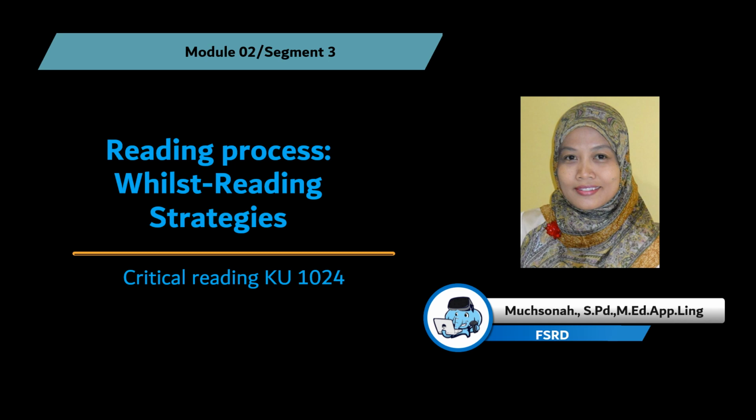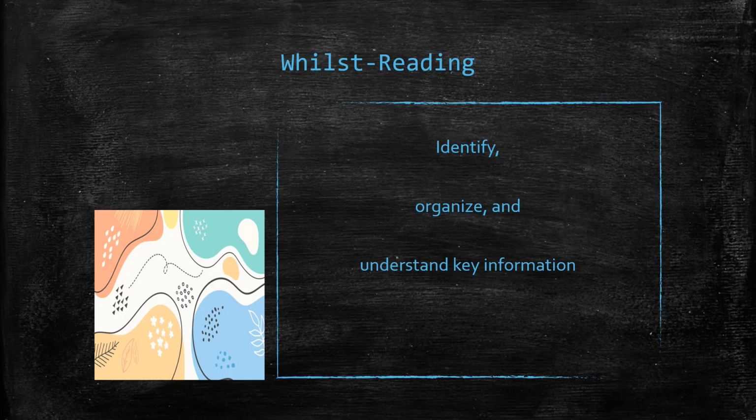In this video, we will discuss strategies you can use during reading. There are at least three purposes of whilst reading activities. They are to identify, to organize, and to understand key information of a selection.